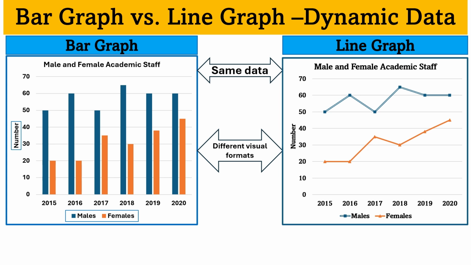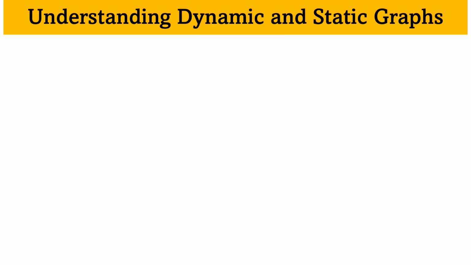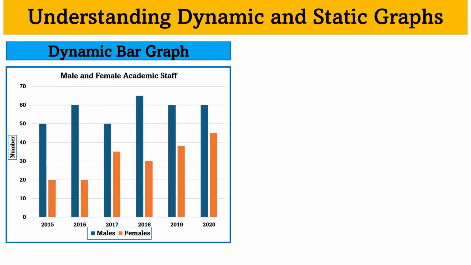So we have seen how dynamic data can be shown using either a bar graph or a line graph. Now let's explore something really important: the differences between static and dynamic data in bar graphs. Let's go back to the vertical bar graph we saw earlier, the one showing the number of male and female academic staff from 2015 to 2020.